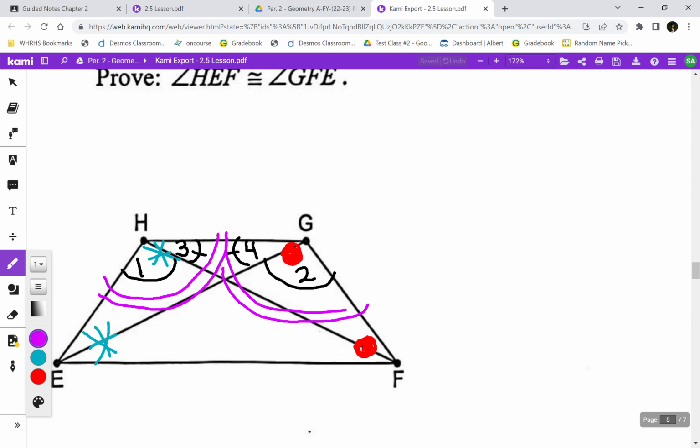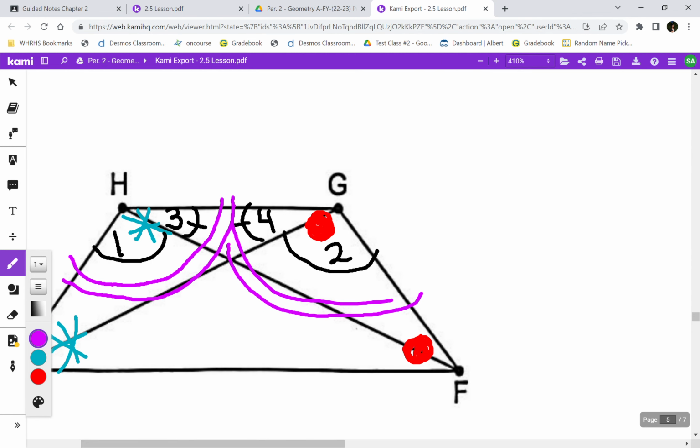All right, let's talk about why. Michael saw that angle 1 and angle 2 were congruent and angle 3 and angle 4 are congruent. Well, if angle 1 was 10 and angle 3 was 20, wouldn't that be 30 degrees up here on this big angle? Same thing over here, since they're congruent, it'd be 10 and 20, a total of 30 degrees.